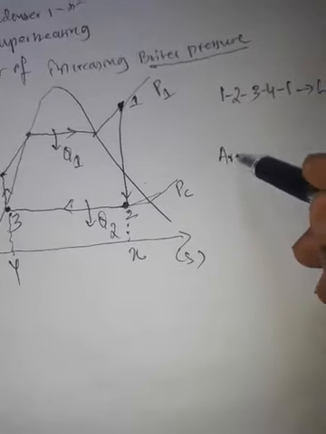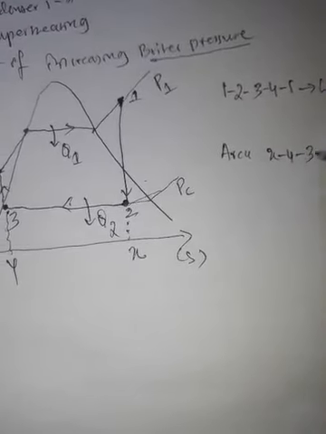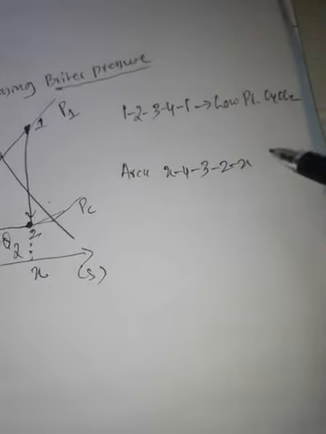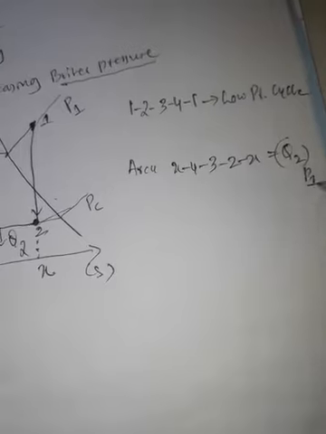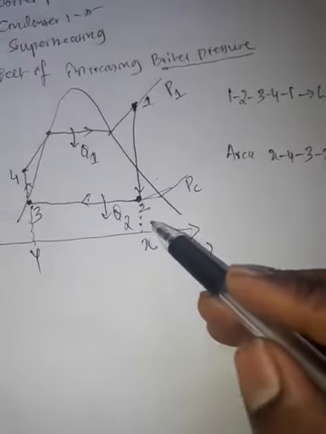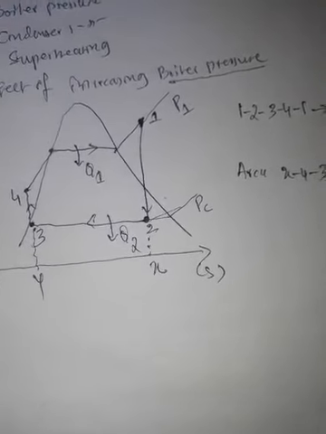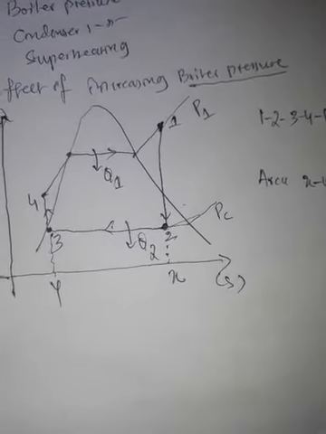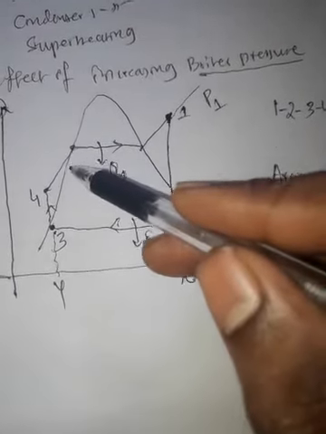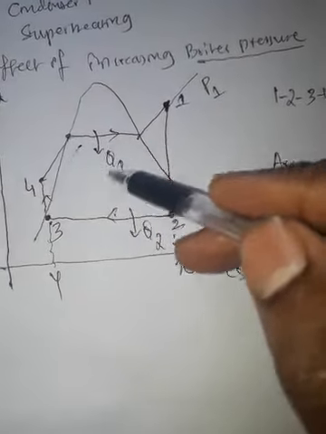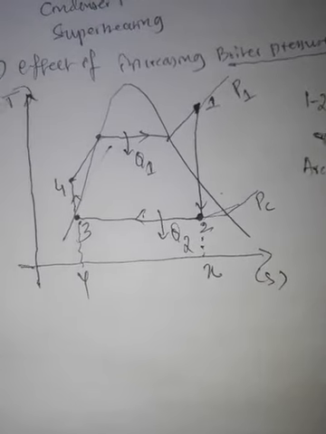That is area xy32x is equal to Q2 with P1, that is heat rejection with boiler pressure P1. Now this is the area enclosed within this cycle. This area represents net work developed in this Rankine cycle.